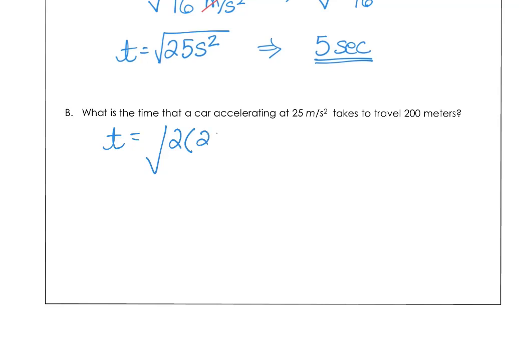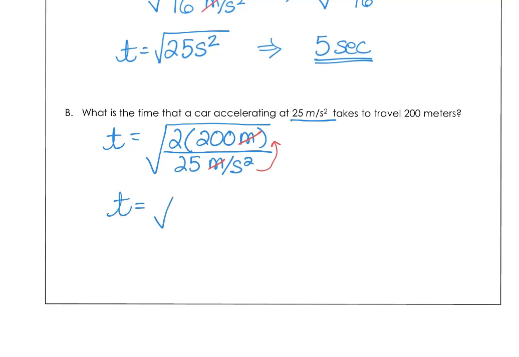So we're still traveling 200 meters divided by 25 meters per second squared, and the meters will cancel. The second squared will come up to the numerator when we simplify that. So we're going to get 2 times 200 seconds squared over 25, and 25 divides 400 16 times, so 16 seconds squared under our radical.